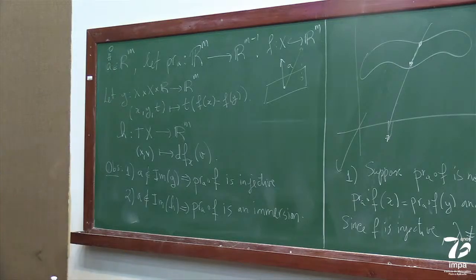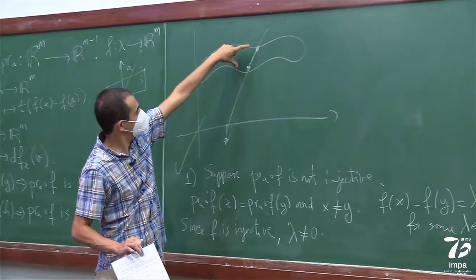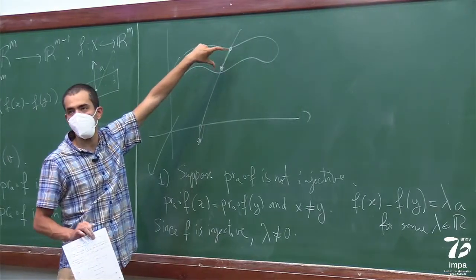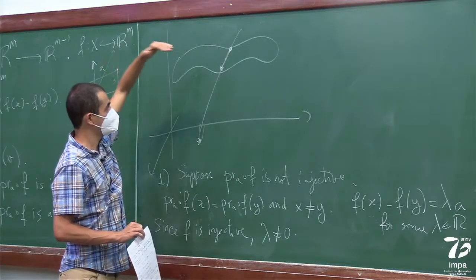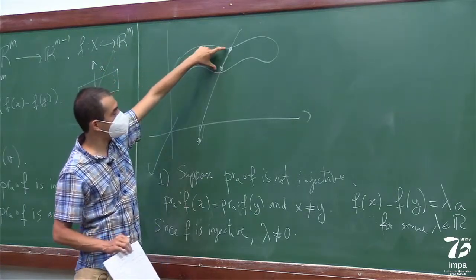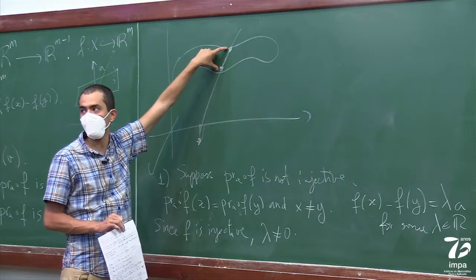Maybe when I wrote it like this, it's not so obvious. But if you think about the picture, what's happening is, if you want the projection to continue being injective, then you can't have two points along that vector.